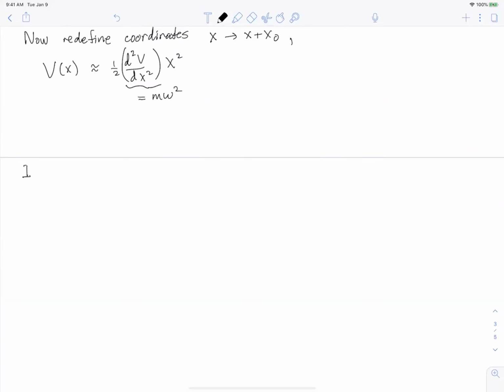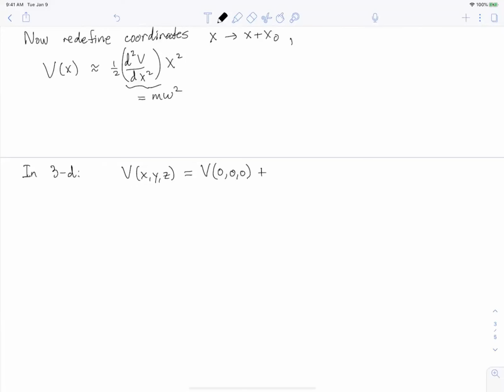So in three dimensions, you can now take a potential that depends on three coordinates and again expand in the Taylor series. First of all, I'm going to assume the minimum of the potential is at 0, 0, 0. Otherwise, I would shift my coordinate system to make it true. And so there's a constant term.